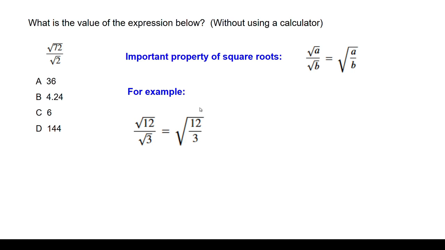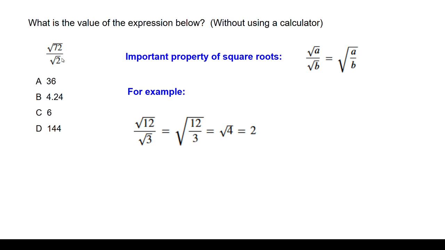Now watch what happens when we divide 12 by 3. We get 4. So that is equal to the square root of 4, and hopefully we recognize that the square root of 4 is the number 2. So being able to rewrite that expression as the square root of a fraction allowed us to divide and then solve it. So now let's tackle our problem.